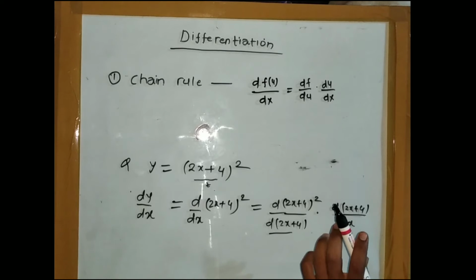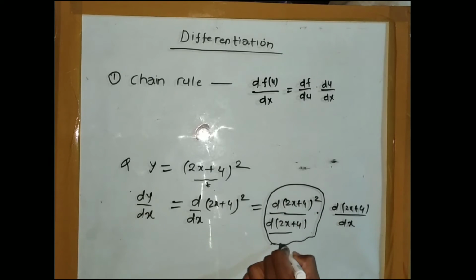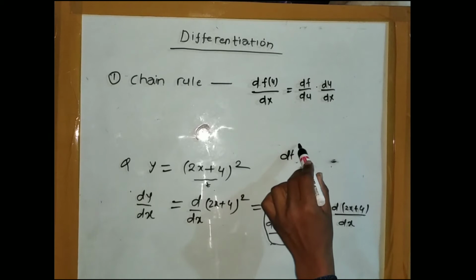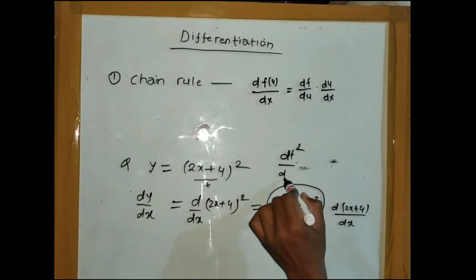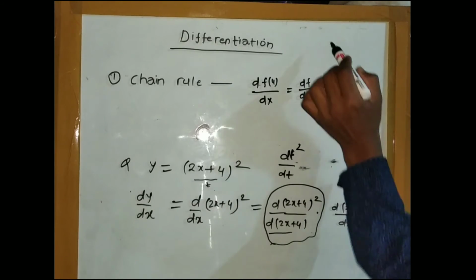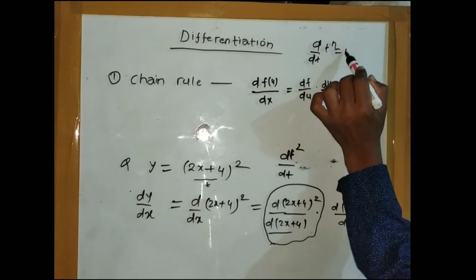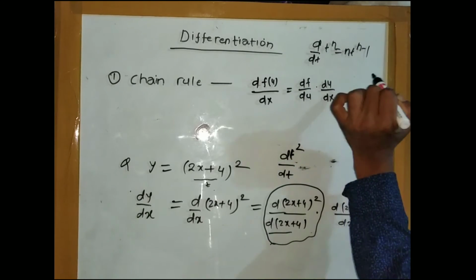So we first find the derivative of what? The outer function. Suppose 2x plus 4 is t, means this derivative is d t to the power 2 by dt, and we know that d by dt of t to the power n is n t to the power n minus 1.